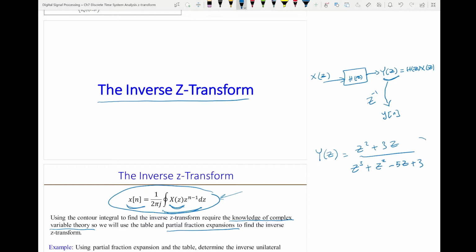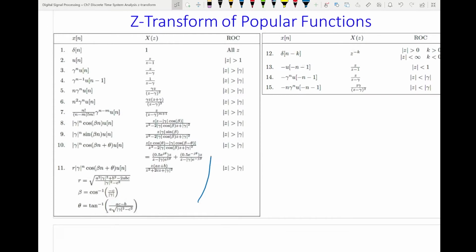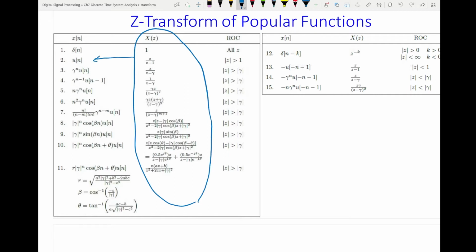So now we do partial fraction expansion to express this as a simple linear sum of expressions that exist in the table, like this one. And then we can use the table to find the inverse Z transform and find the signal x of n in the discrete time.